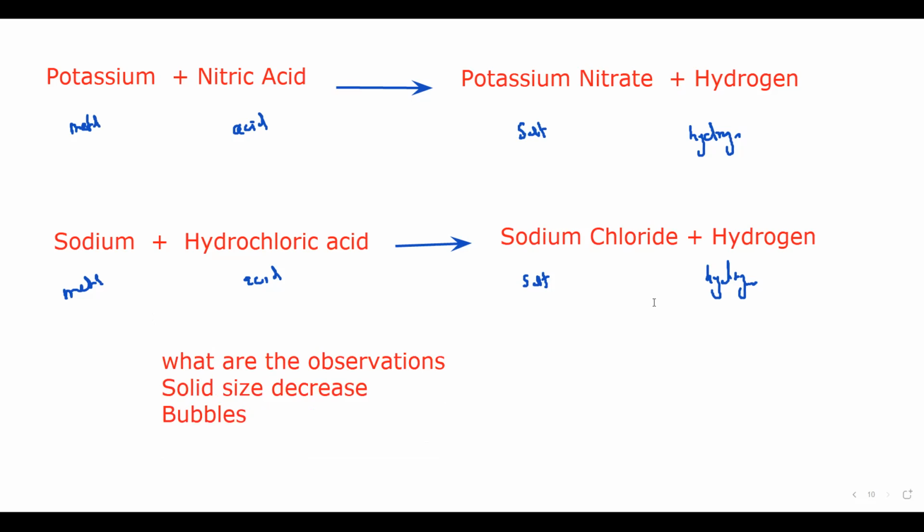So there will be a decrease in solid size and bubbles will form. Is it clear? Any doubt till this point? So this is the first characteristic of acid: whenever acid reacts with metal, this will always result in the formation of salt and hydrogen.